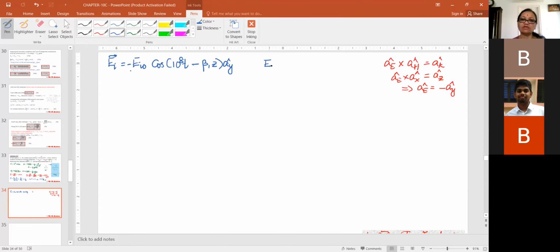What is my EI naught? What is the relationship between EI naught and HI naught? It is eta 1 multiplied by H naught. Eta 1, I got it as 120 pi, and H naught is given in the problem as 10.